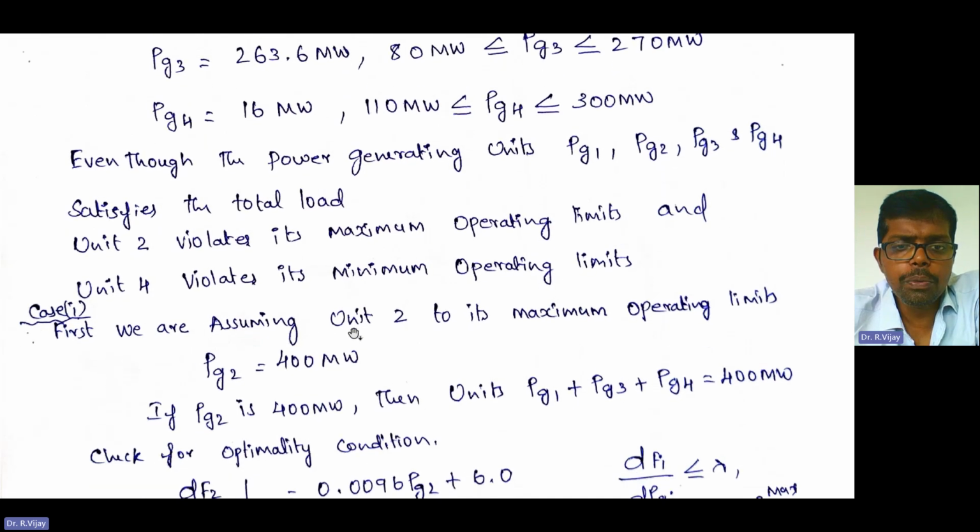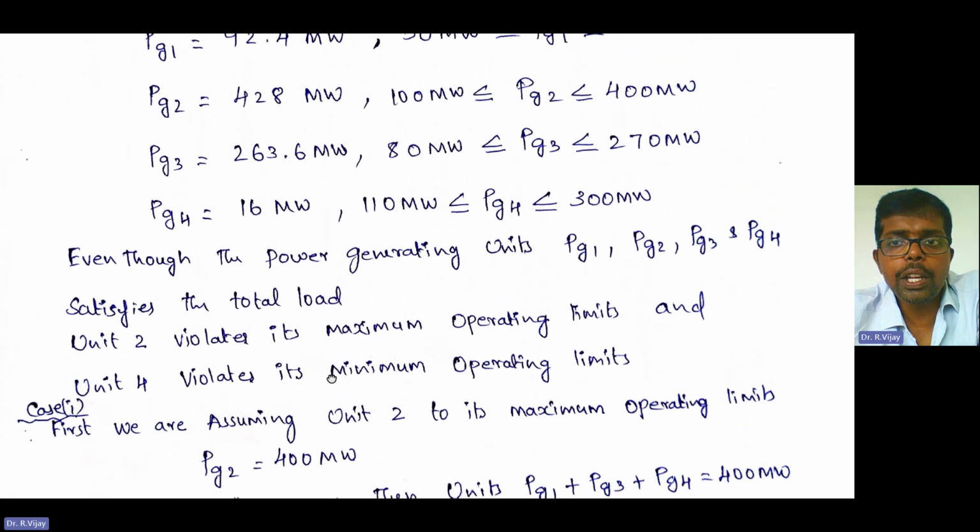First, we are assuming unit 2 at its maximum operating limit, that is PG2 as 400 megawatt. For the generating units violating their operating limits, we use the lambda iteration method. The lambda iteration algorithm we have already seen. That video I will also give in the description. You can watch it and come again to this problem.